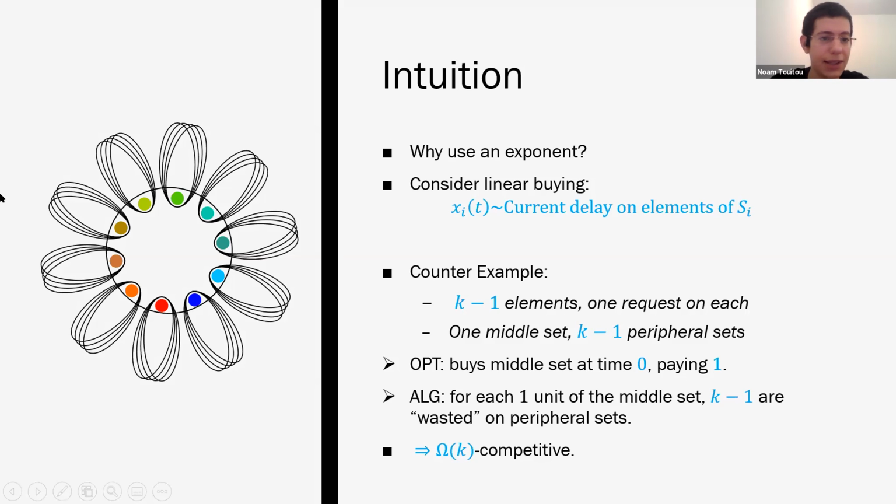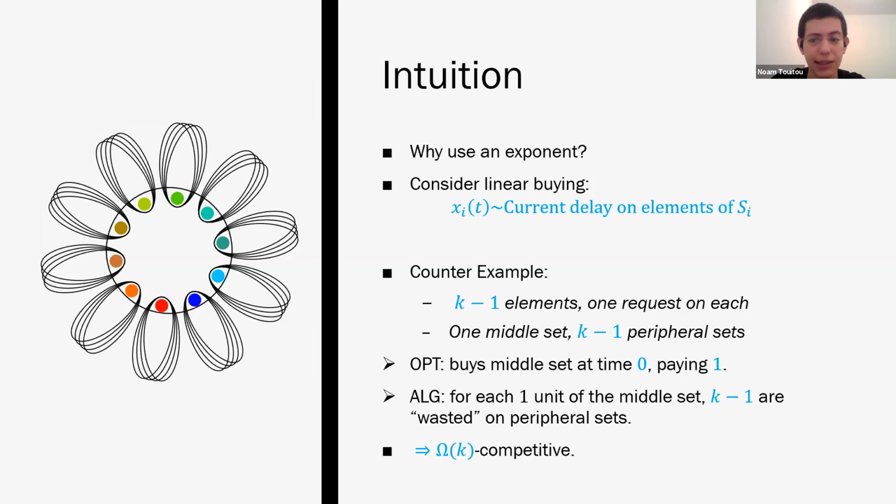So you have this flower here, okay? This flower contains k-1 elements, and each element gets one request at time 0. Each element is contained in one middle set, which is shared by all of the elements, but is also contained in k-1 peripheral sets, which only contain that specific element. Now, the optimal solution for this is quite simple.